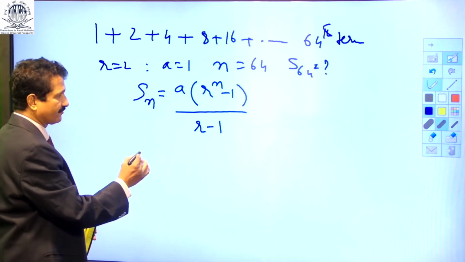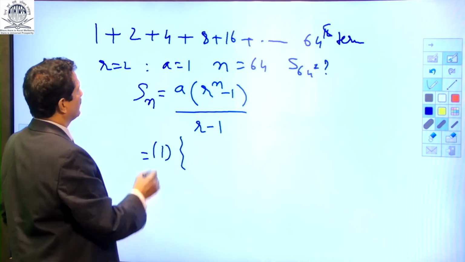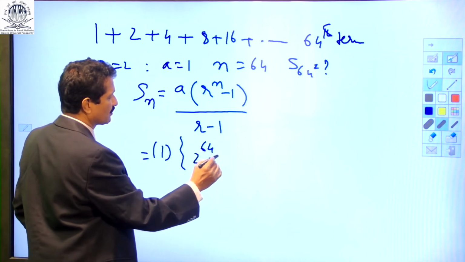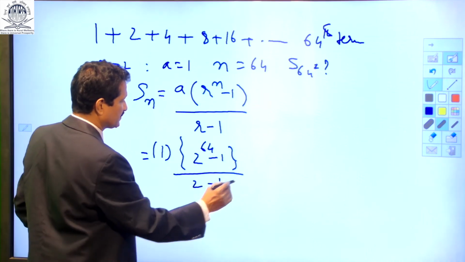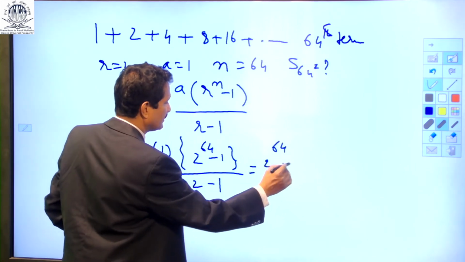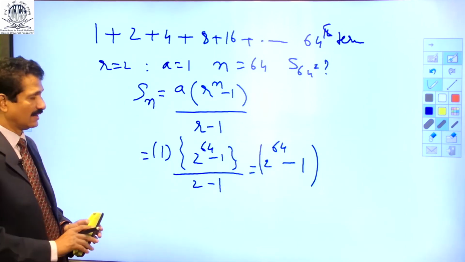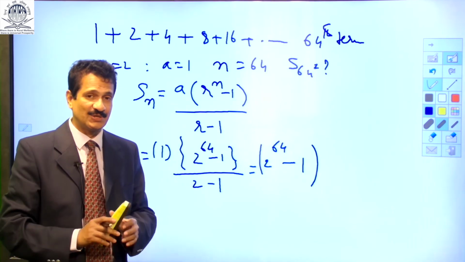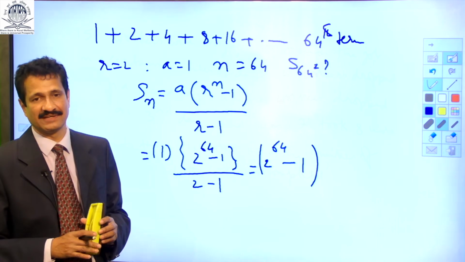This gives me 1 into (2 to the power of 64 minus 1) by (2 minus 1), or this is 2 to the power of 64 minus 1. You will require 2 to the power of 64 minus 1 number of grains to fill the chessboard. That's the interesting problem here.